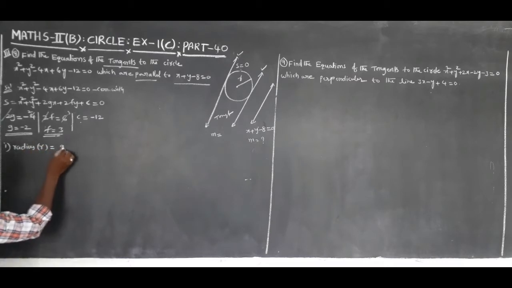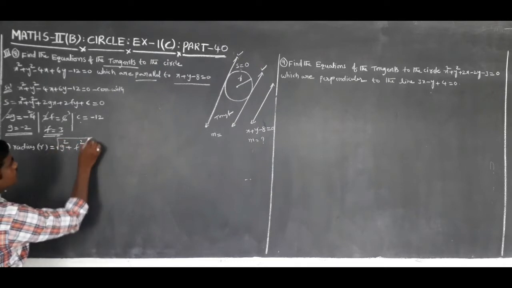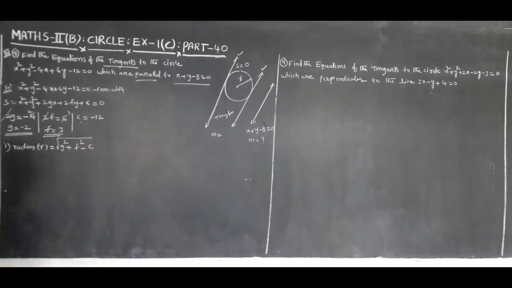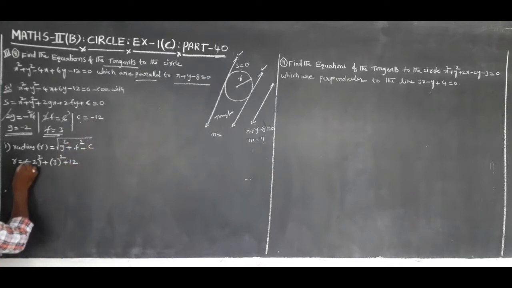Radius of the circle r is equal to under root of g square plus f square minus c. R is equal to under root of minus 2 whole square plus 3 square minus c, where c is equal to minus 12. Minus into minus is plus 12.